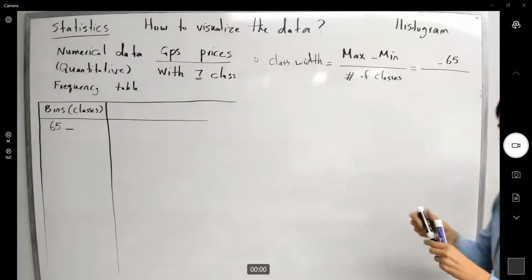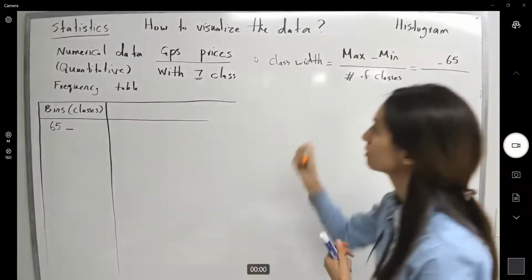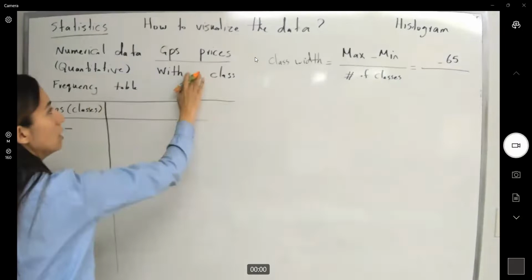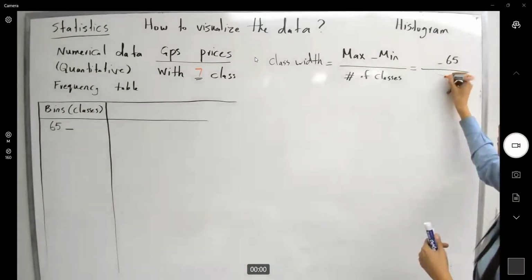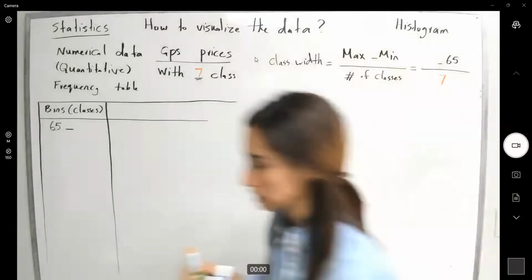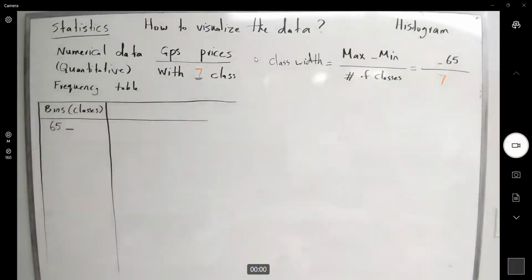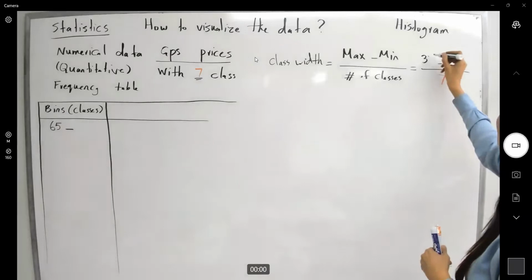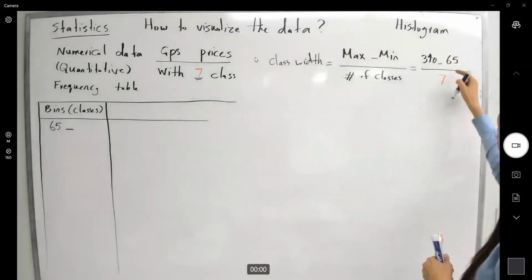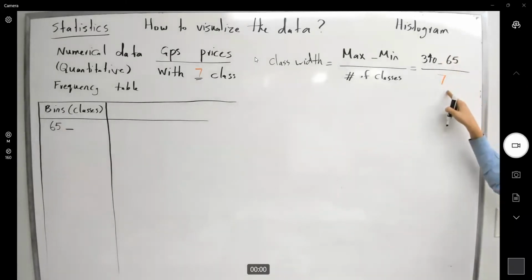So I'm going to copy this down here. I'm going to use a different color so you know it's already given to me. I need to know what the maximum value is. $340 is the maximum value in our collection. 340 minus 65 divided by 7.